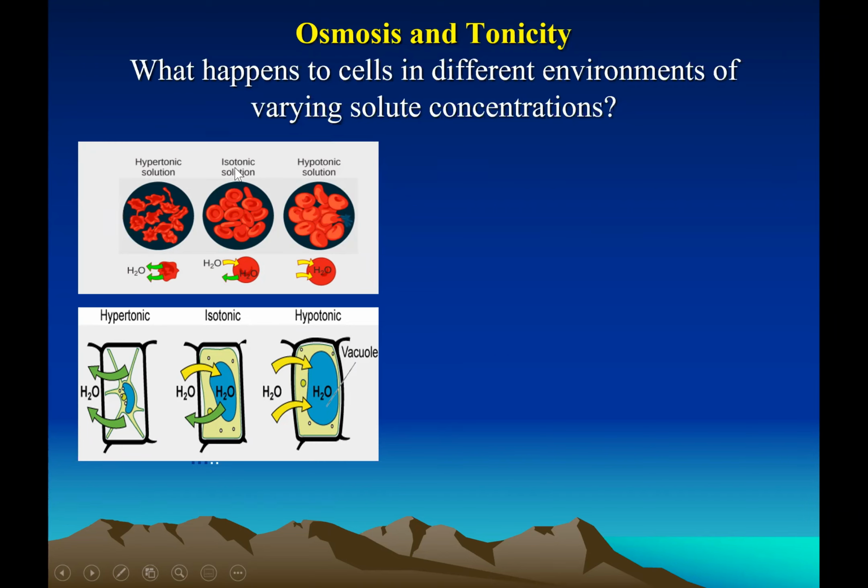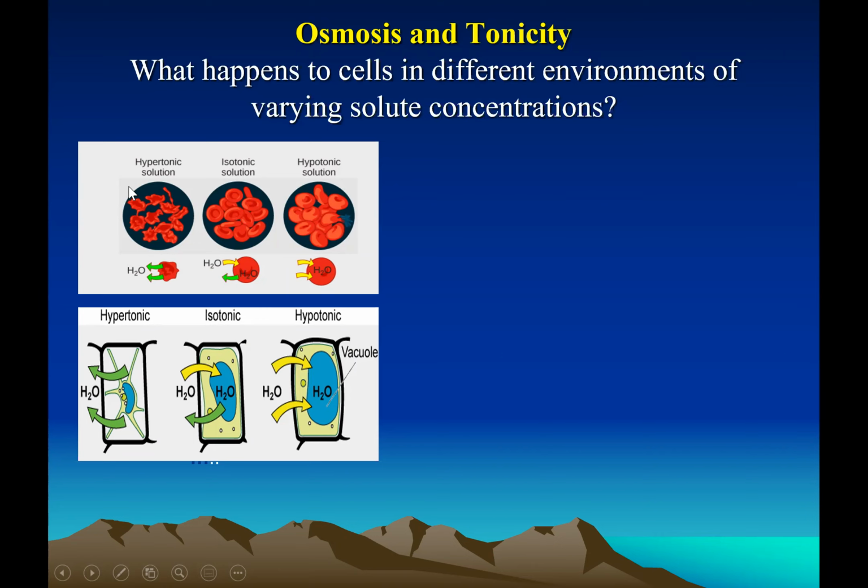Here's an animal cell, a blood cell. If you put the blood in an isotonic solution, that means the strength of the solution inside the cell and outside the cell is the same. So the amount of water entering the cell and leaving the cell is the same. The cells are happy here.